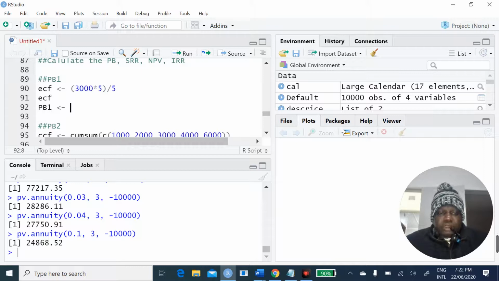So it's going to be 10,000, the amount of investment, then divided by 3,000, which is the average cash flow. So that will give us 3 and 1/3 years. That's 3.33.